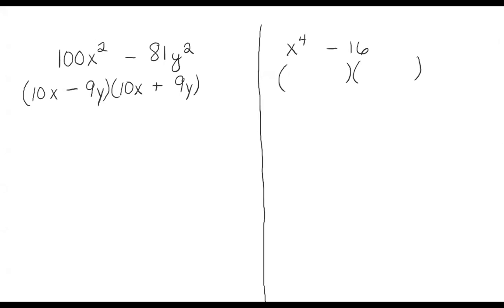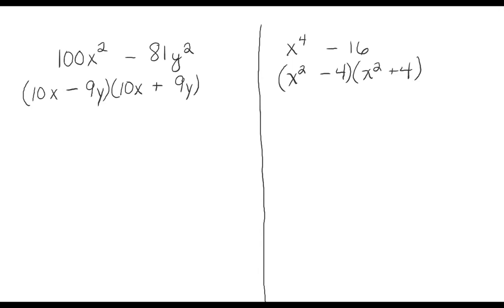Ashley, how you doing on this one? Yes, very good. It would indeed. So x squared minus 4 times x squared plus 4, because 16 is 4 squared and x to the 4th is x squared squared, or x squared times x squared. So that, yeah, that's right.